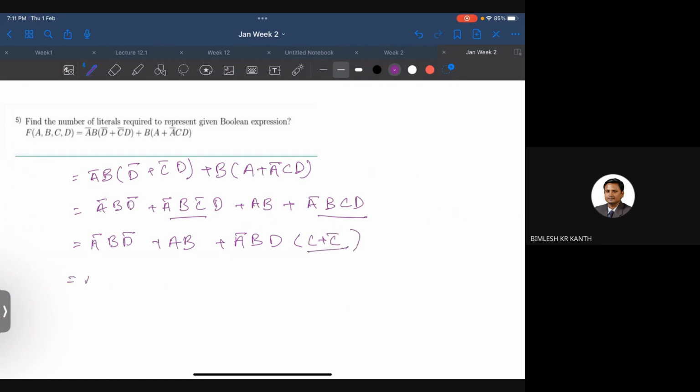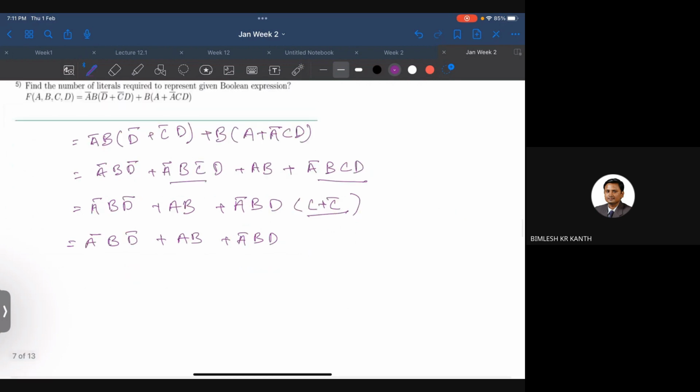So it will be a bar b d bar plus ab plus a bar b d. Now a bar b and a bar b we can take common. So it will be a bar b times d bar plus d, plus ab. Now d plus d bar will be 1.